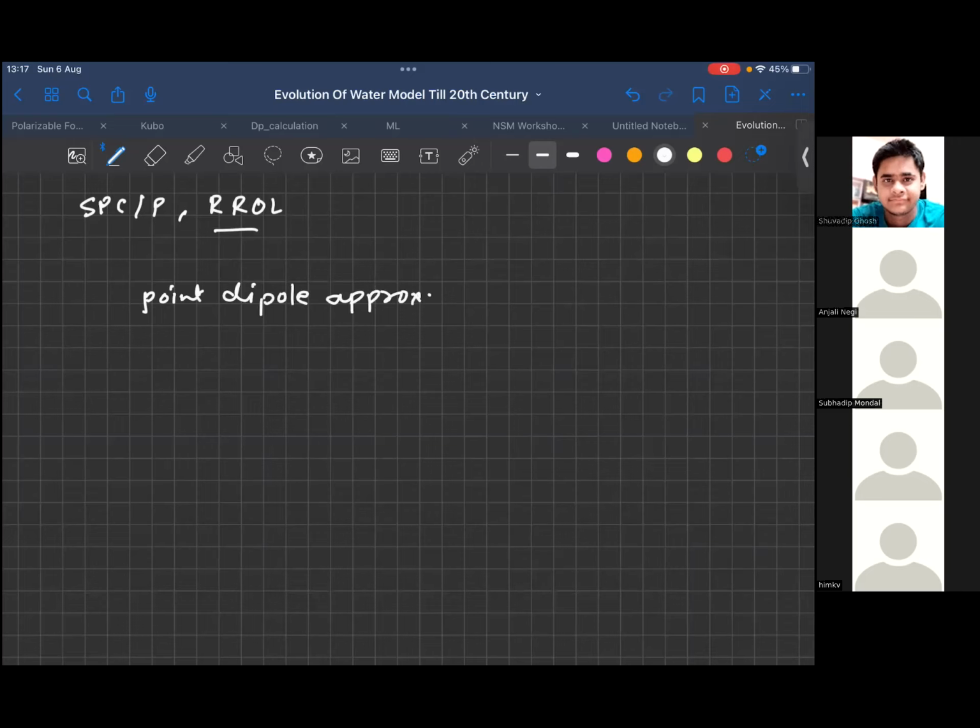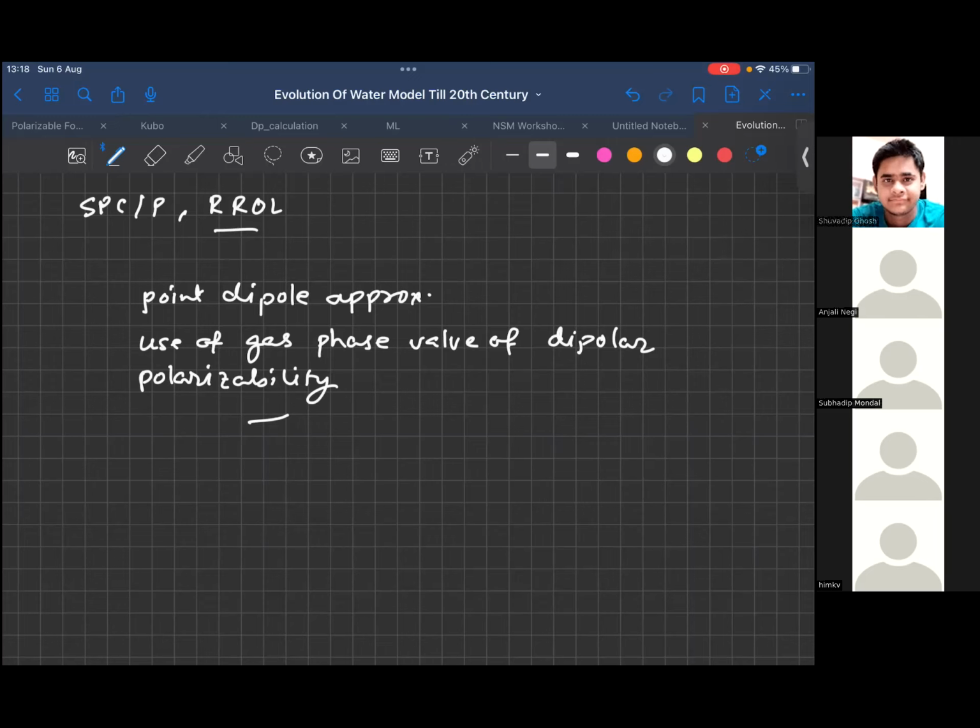And the other thing is the use of the gas phase value of the dipolar polarizability. Okay, so these things can cause problems in the water model, which people addressed after a few years.